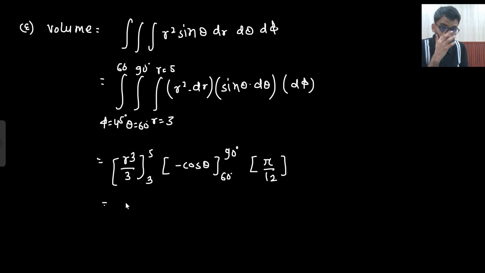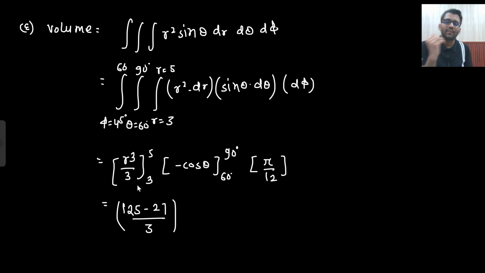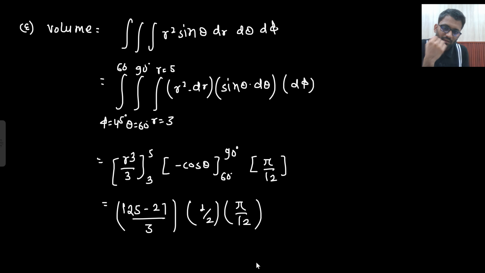So here 125 minus 27 divided by 3, because 5 cube is 125, and cos 90 is 0, cos 60 is 1 by 2, and this is pi by 12. So this is 98 pi divided by 72.